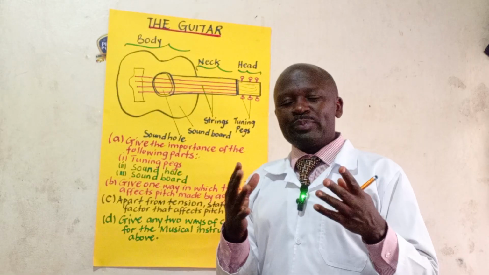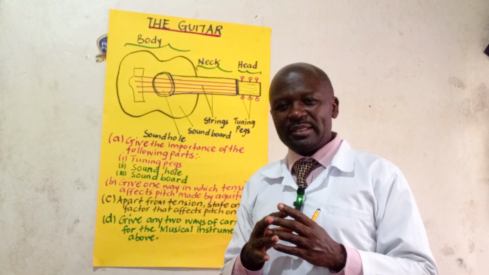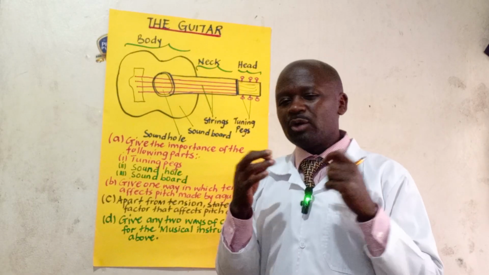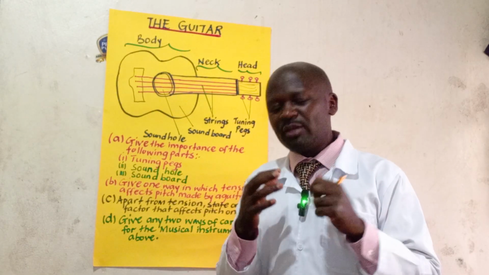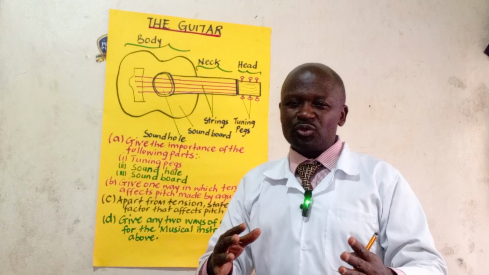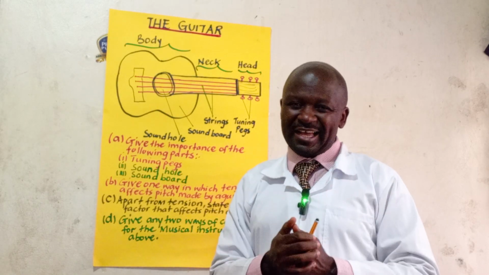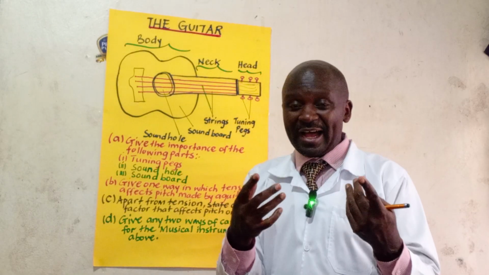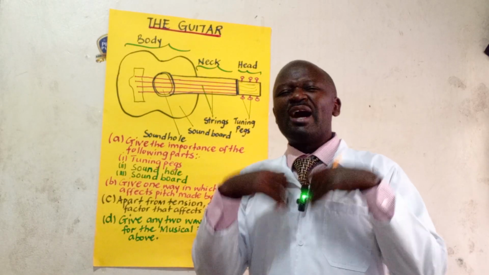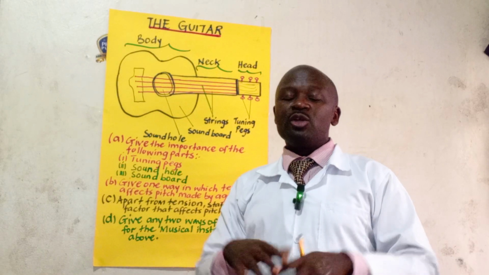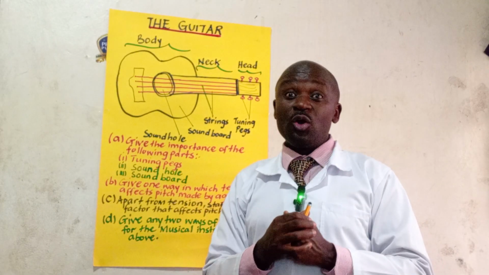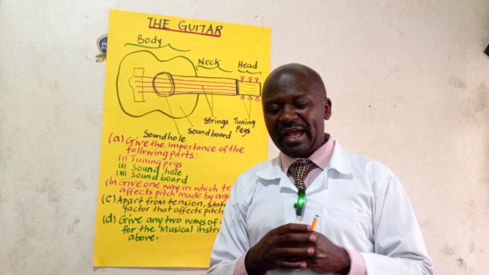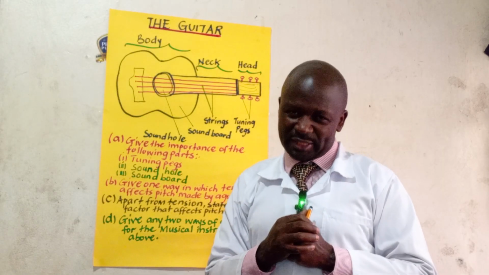If possible, even if you have an expert somewhere, someone whom you know knows how to play guitar, at least you can invite him or her to class and demonstrate how a guitar is played. By doing that, you will have done what you are supposed to do. You will have taught exhaustively. You will have equipped these learners with the basic skills they want as far as a guitar is concerned.